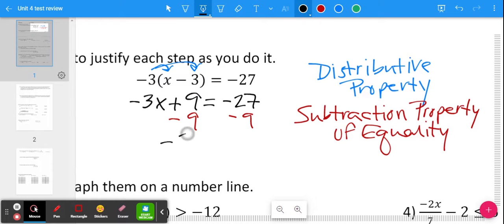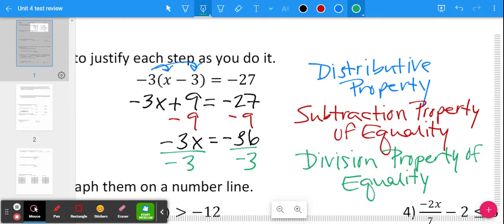Which would result in -3x equals -36. And then you use the division property of equality to isolate x, and you get x equals 12.